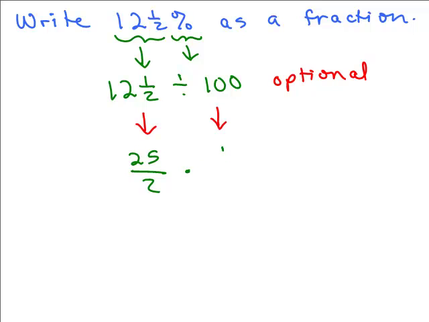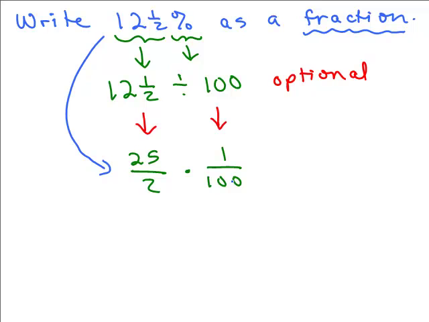It means times 100ths. So if you were going to go directly to this step, what you do is you write 12.5 as an improper fraction, 25 halves, and then percent means times 1 over 100. Since you're trying to write it as a fraction, you're multiplying it by the fraction 1 over 100.